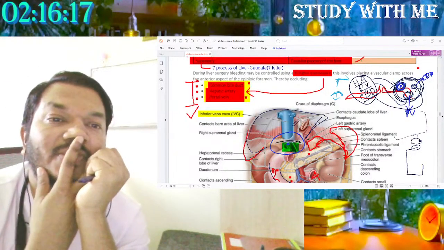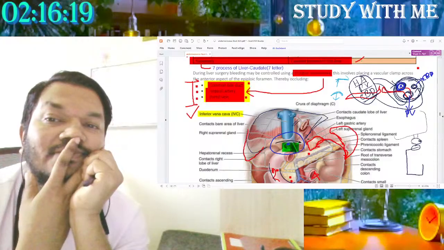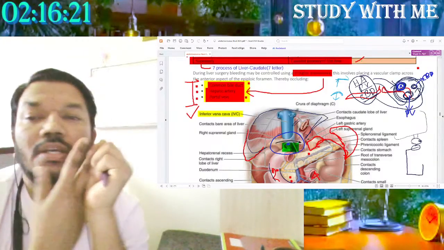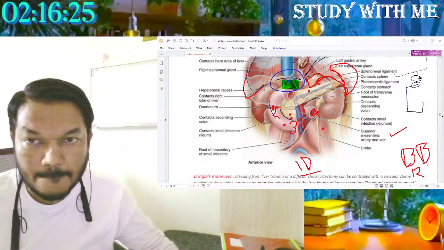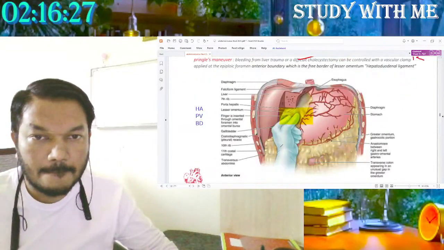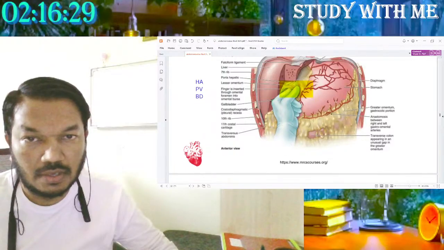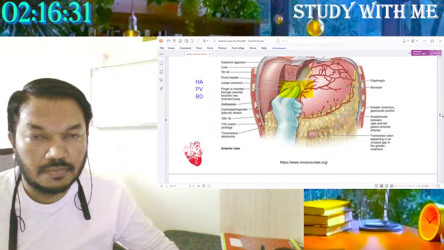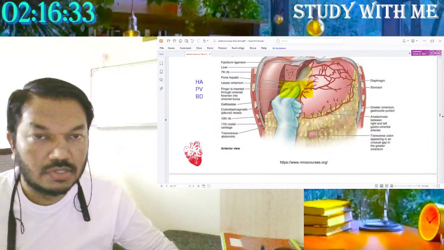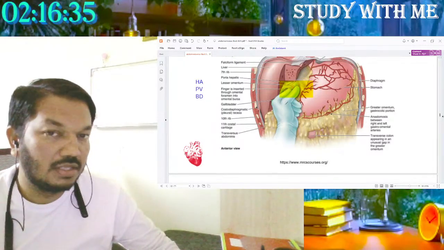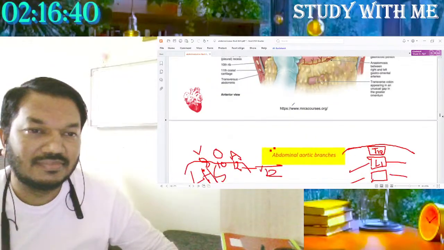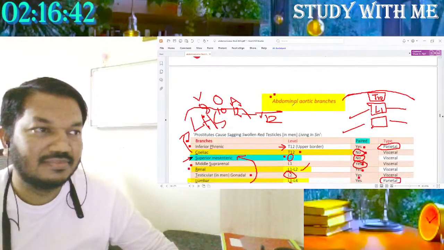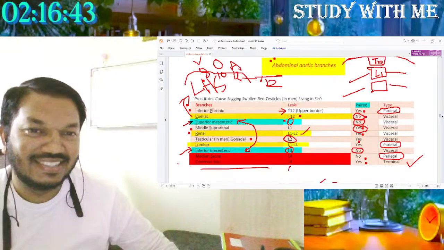We have to compress the hepatic artery, portal vein, and common bile duct. This is the maneuver. Because a surgeon like you, maybe by mistake, they cut the hepatic artery.